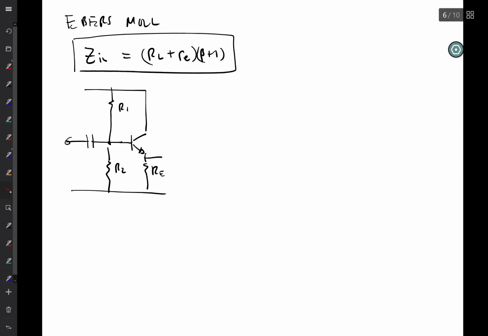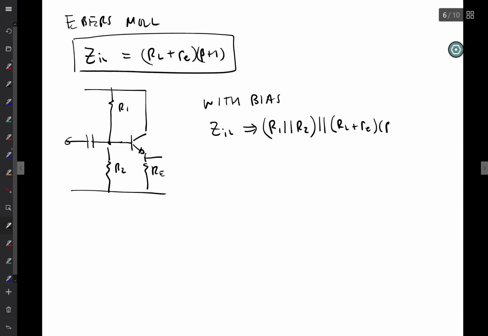So with the bias network, Zin becomes now R1 in parallel with R2, in parallel with the quantity RL plus little re times beta plus 1. Now this is a little more complicated, but mostly it's messy. That is, it's not hard to understand.